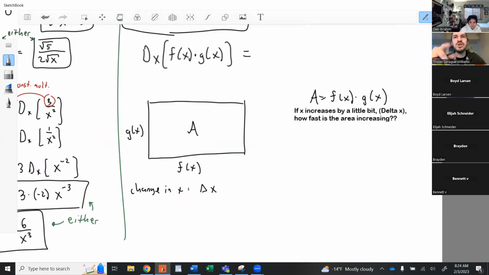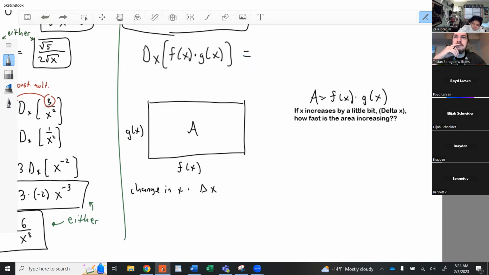Now, what happens when there's a change in x? Anything that depends on x could also change, right? So f of x is also going to change by some amount, and g of x is also going to change by some amount.